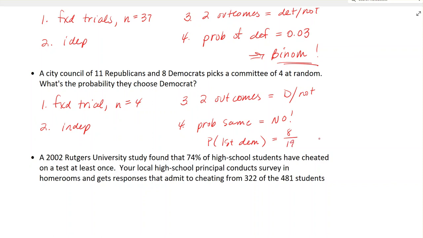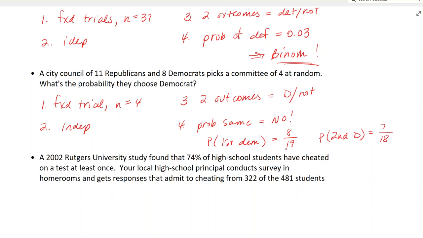The second time I draw, there's one less Democrat, so that would be 7 Democrats to choose from, possibly, and I have 18 people now to choose from. So I could have drawn a Democrat the first try, but I would have one less the second try. I would also have one less person total in my sample space.